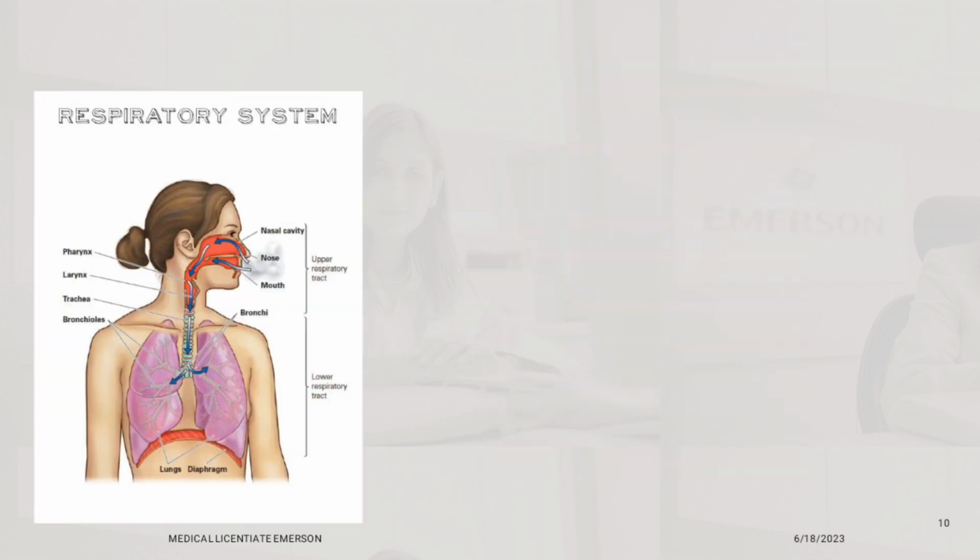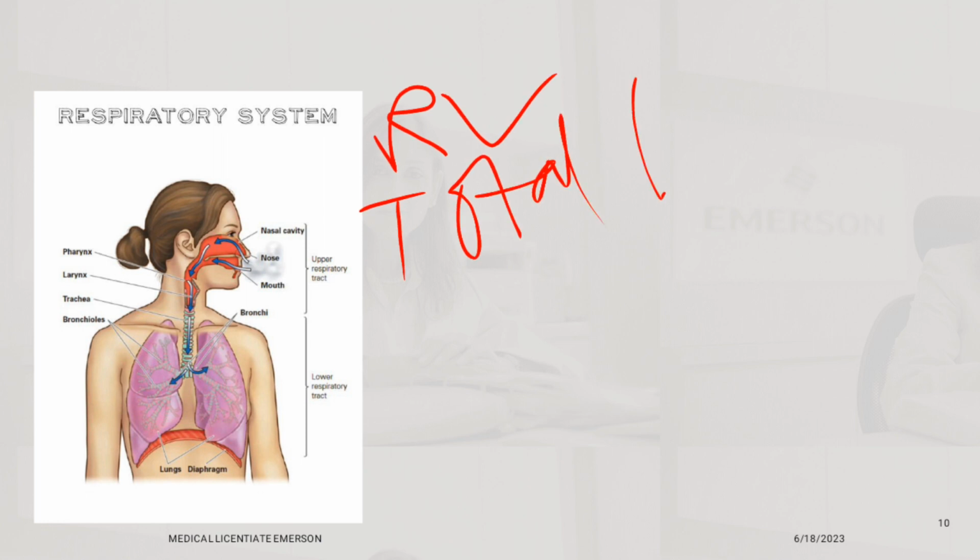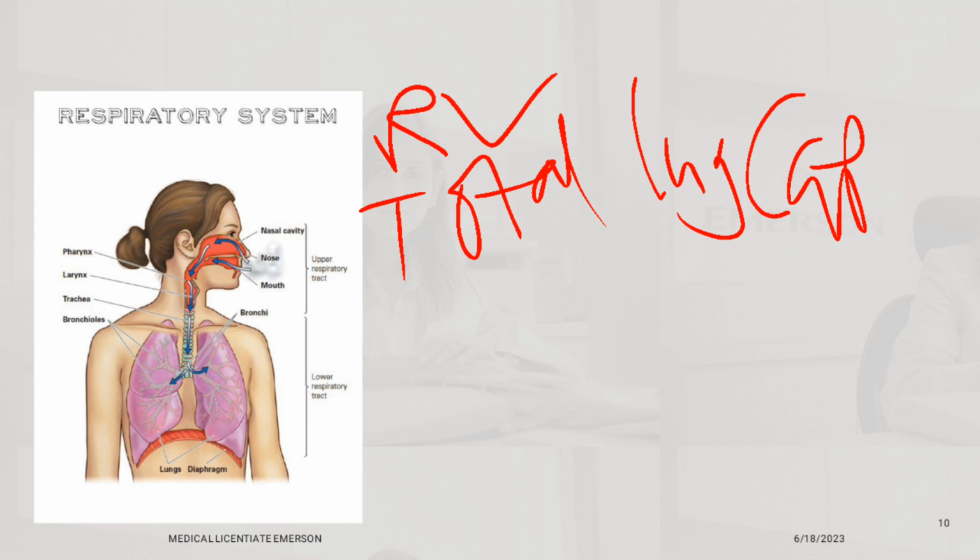Okay. The next thing is the air that is trapped in the lungs, called residual volume. Then we also have what we call total lung capacity. So total lung capacity is a combination of four: the residual volume, the vital capacity, the tidal volume, and the inspiratory reserve volume.